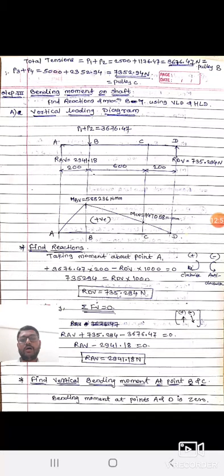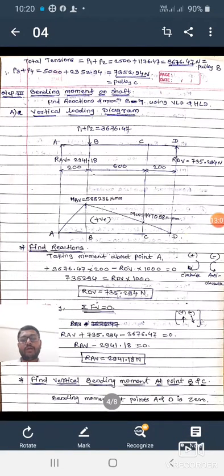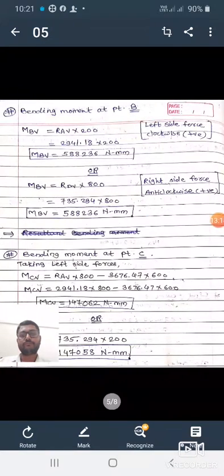The next step is to find the vertical bending moment at point B and at point C. The bending moment at point A and point D is 0 because these are the two end points, and at end points the bending moment is always 0.